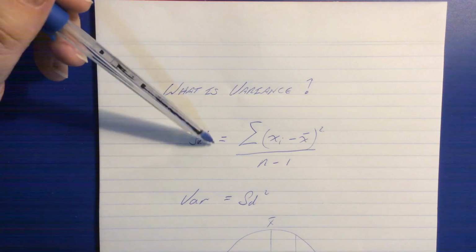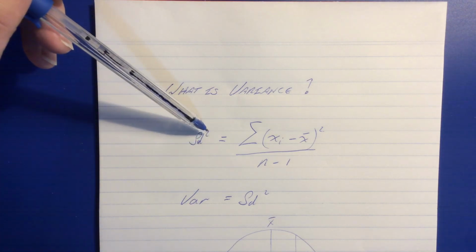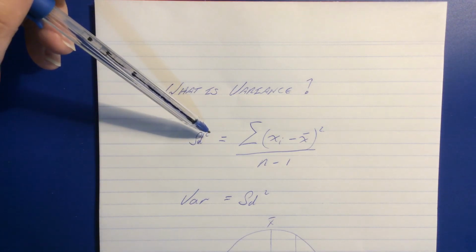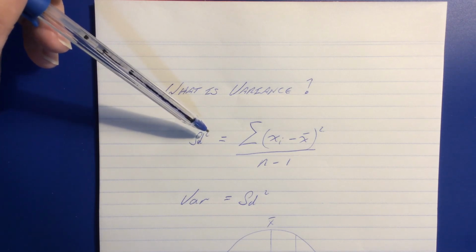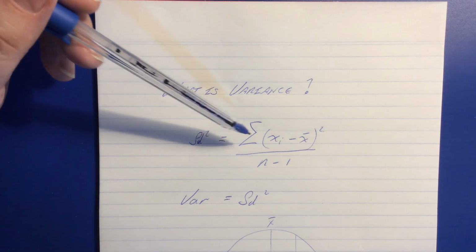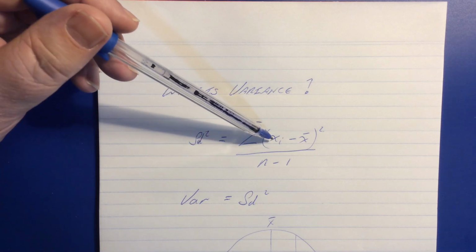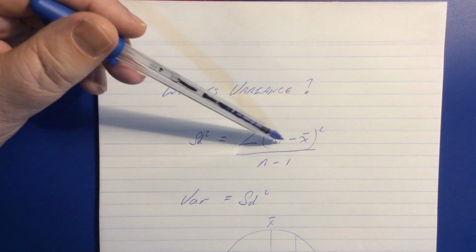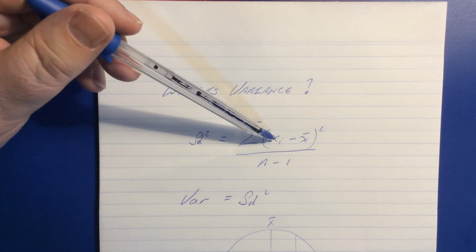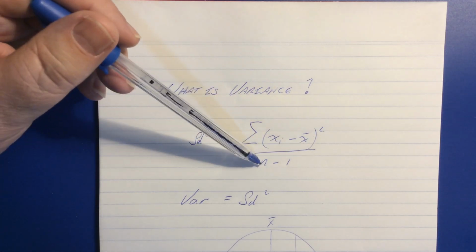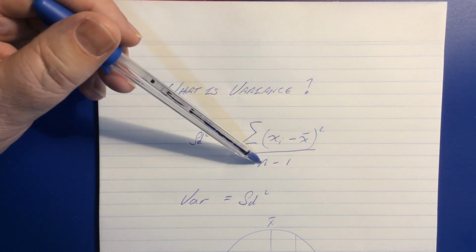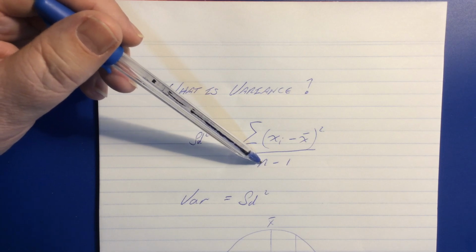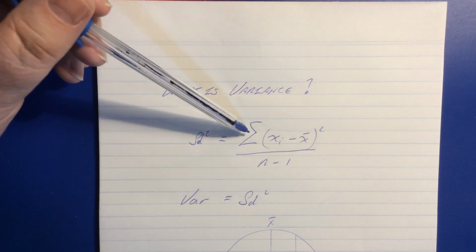The standard deviation squared is in fact variance, and variance is often written as just S squared, sample variance. That is the sum of the differences between the mean and each piece of data squared, divided by one less than the number of items in the sample. That's what this says.